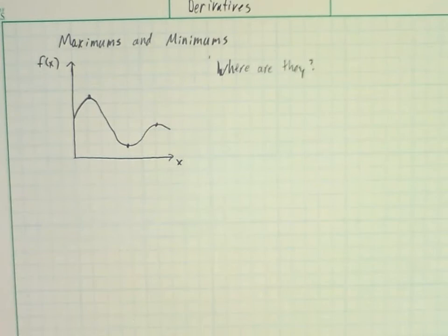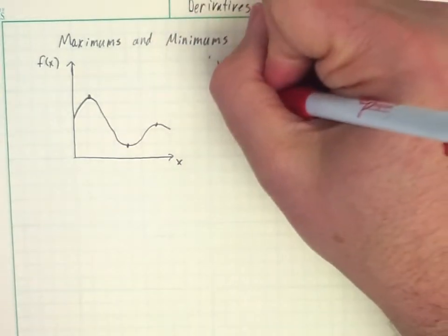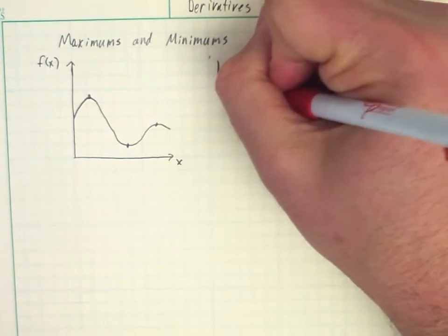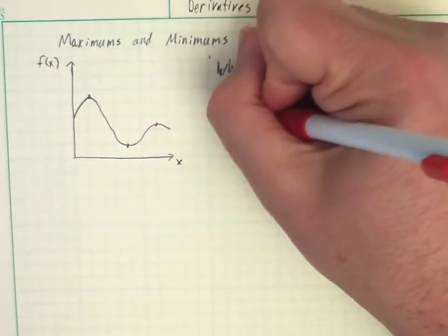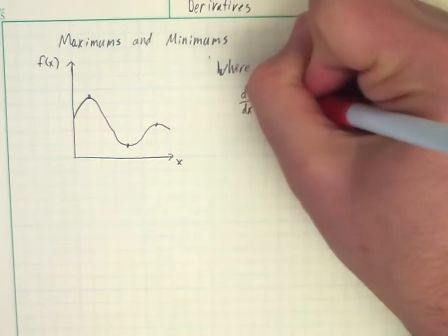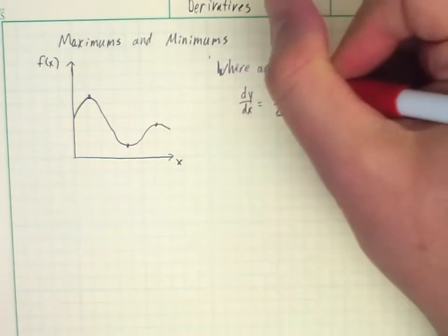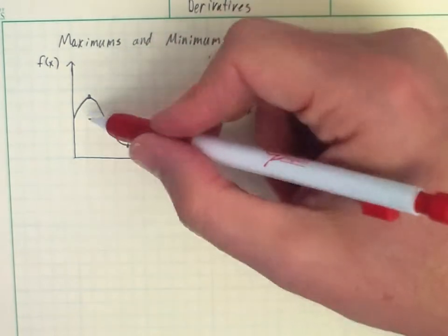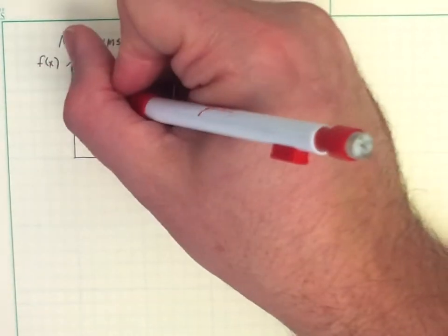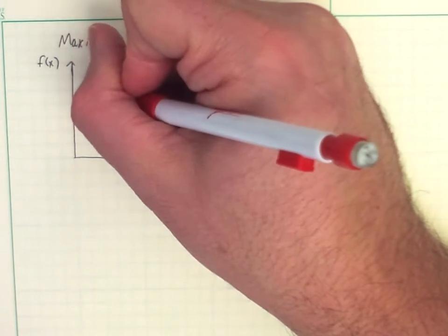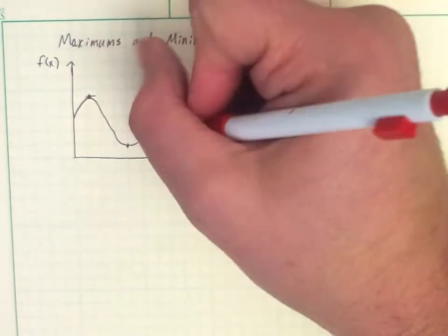And so we think about this idea of derivative, dy dx, the change in y over the change in x as we get to really small, right? So what happens at a maximum? Well, at a maximum, that change is a flat line.